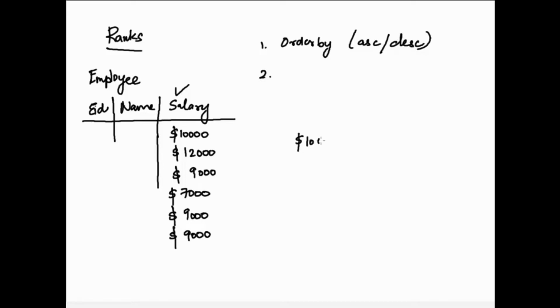Either ascending, descending. So let's assume that we order it this way: 12,000, then 10,000, then 9,000. There are 3 9,000s, sorry, right? So you can order it this way.